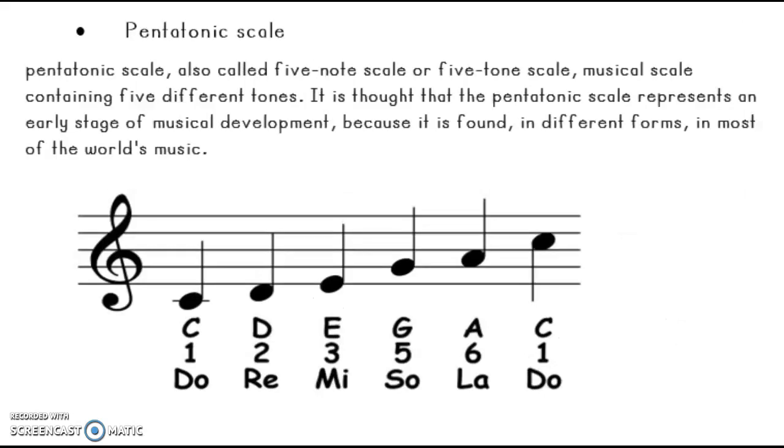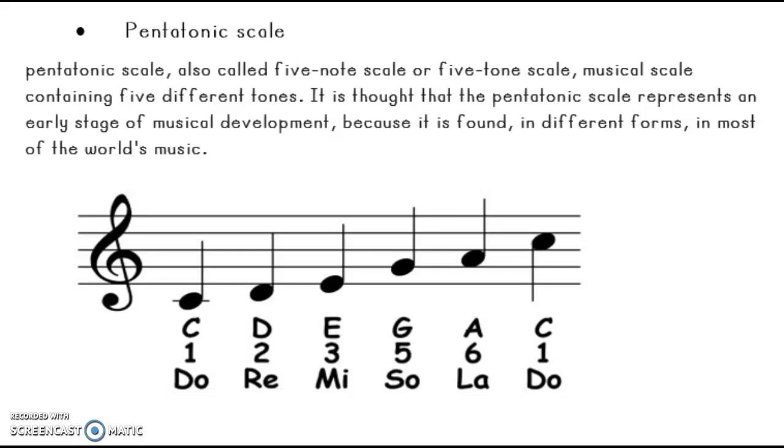Another important scale is the pentatonic scale, especially when I talk about world music, Africa, China, Arab. We have a lot of world music with a pentatonic scale. It's called the 5-tone scale. 5 different tones.